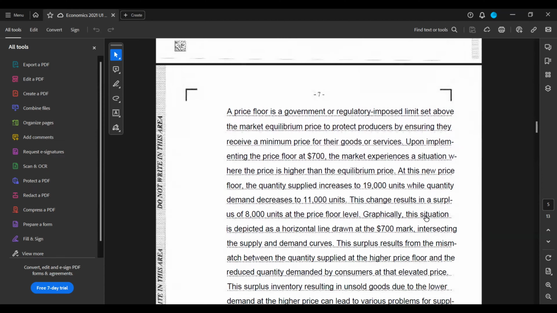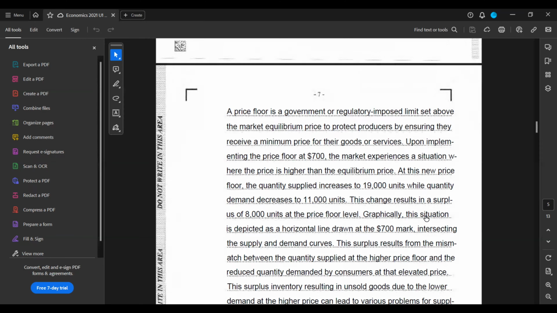At this new price floor, the quantity supplied increases to 19,000 units, while the quantity demanded decreases to 11,000 units. This change results in a surplus of 8,000 units at the price floor level.